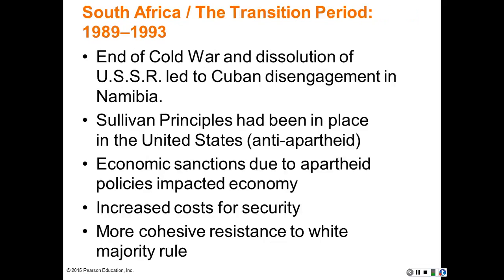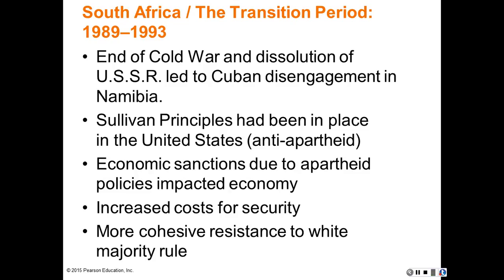The transition period of apartheid from 1989 to 1993 was partially a result of the end of the Cold War and the dissolution of the USSR, which led to Cuban disengagement in Namibia. The Sullivan Principles had been put into place by the United States as well as other Western nations, were anti-apartheid and provided economic sanctions on South Africa due to the apartheid policies.